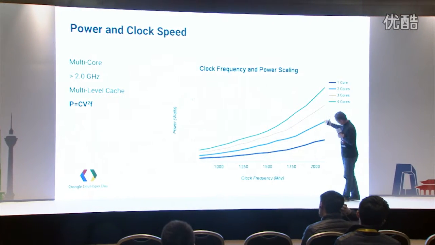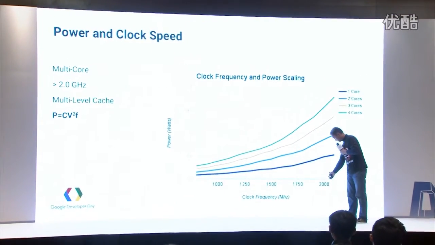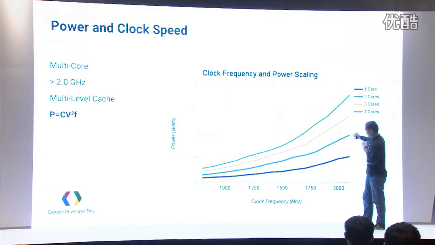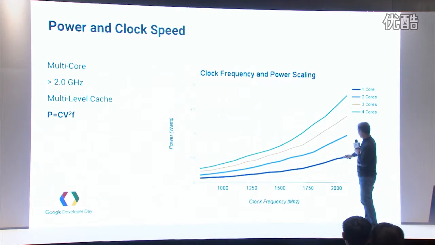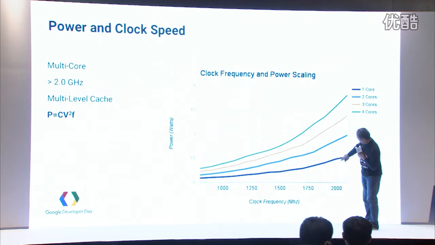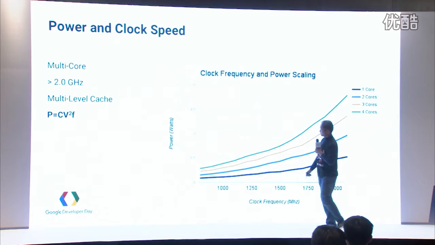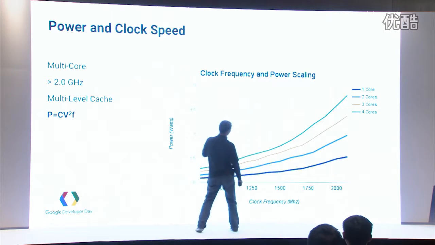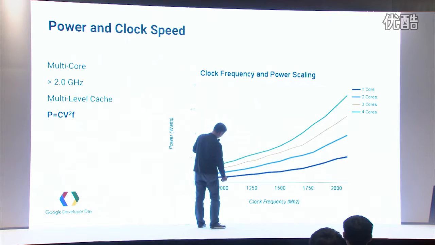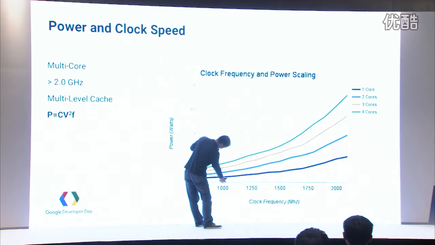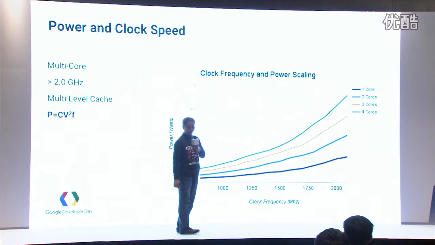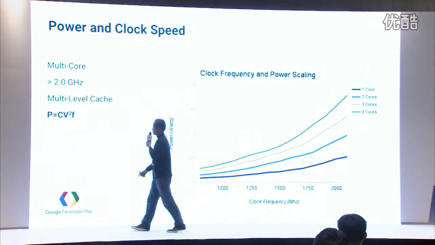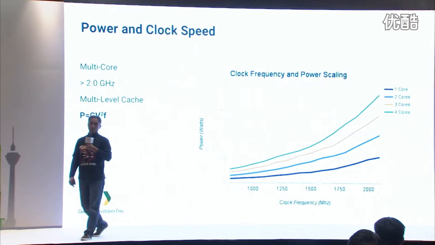Looking at the line, with one core at a frequency of 2.2, it's about 1.6 watts. For the dual core, if I run it at 1.1, I'm probably using less than half of the power. So the point is, by using multi-core, you really can save power for the system.